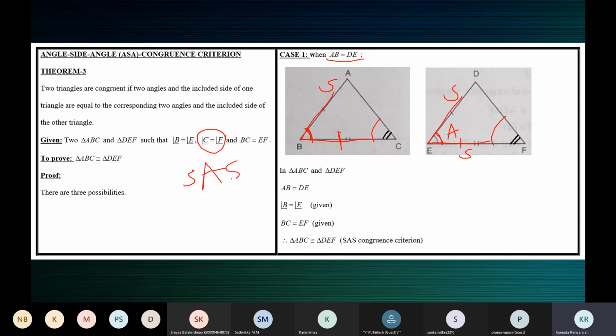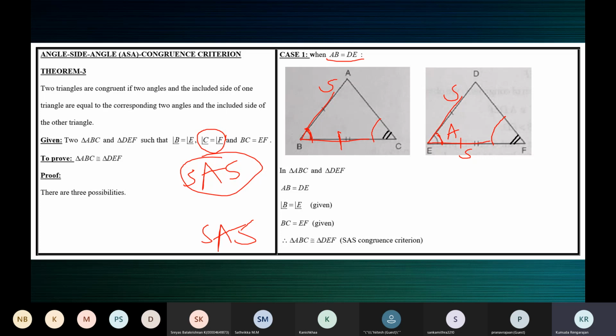We don't know any others. You can't use SSS or RHS because you haven't found them. You're finding rules one after the other. When you're thinking about ASA, you only know SAS. So we are using SAS to validate the ASA congruence criterion.